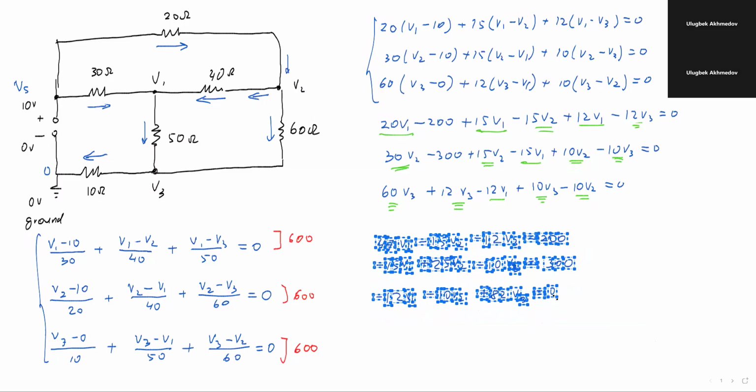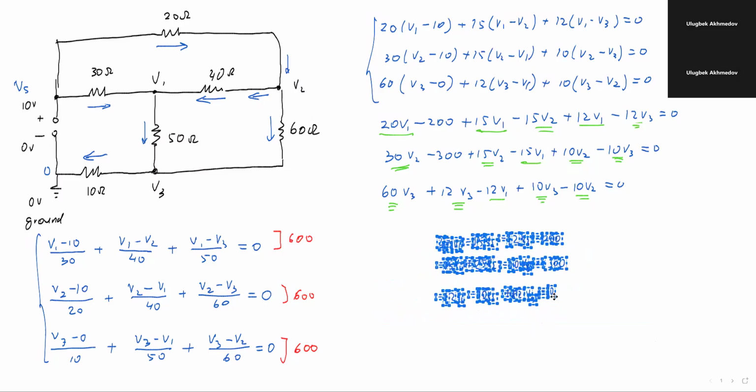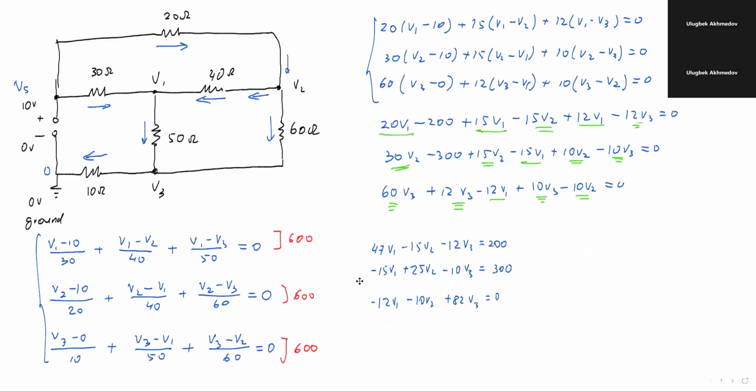This needs to be simplified a little bit, so we're going to shrink this. So our system became looking like this. The first one cannot be simplified, so we're going to keep it as is.